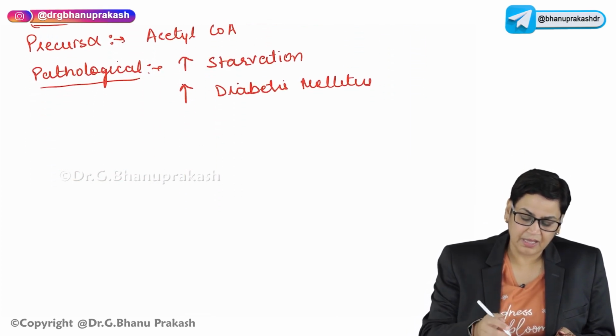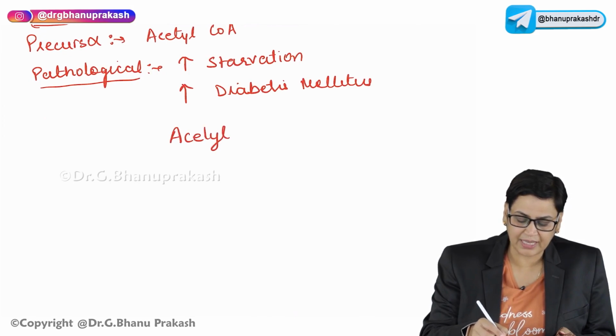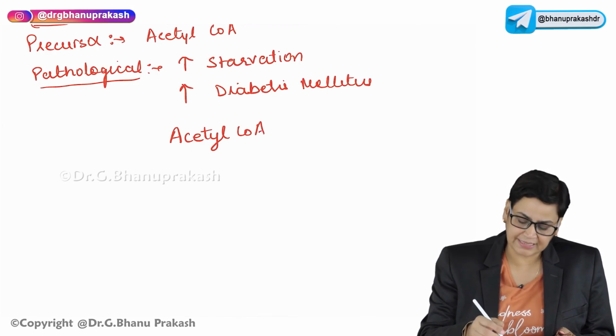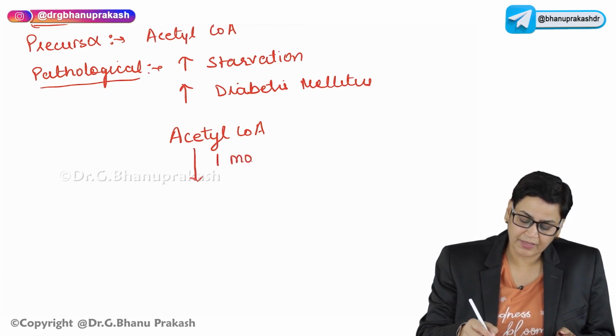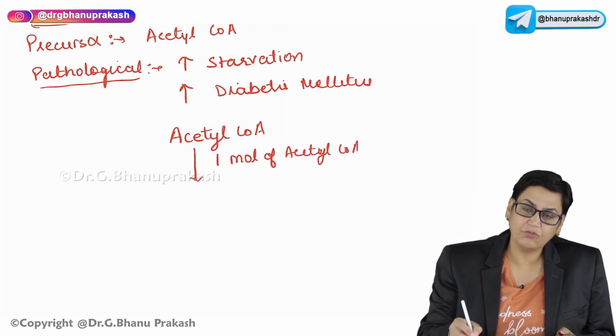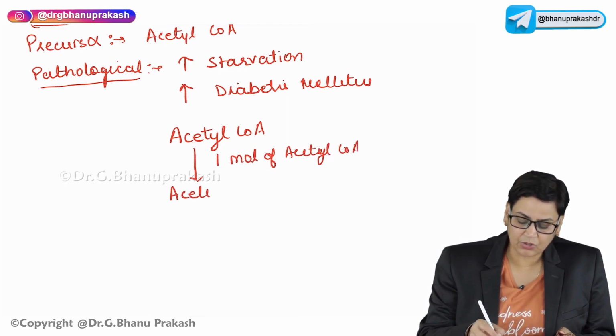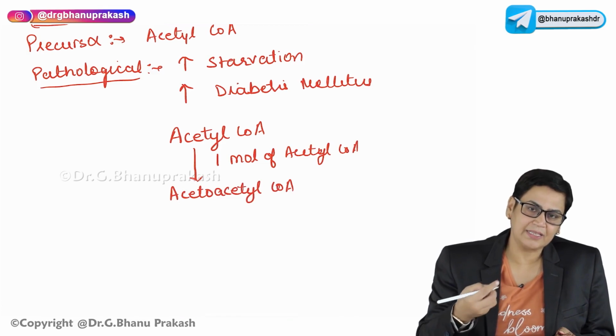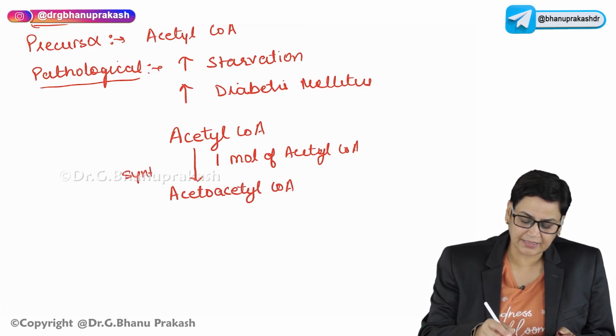Now, how does the synthesis take place? See, precursor is this acetyl coenzyme A. This acetyl coenzyme A combines with one more molecule of acetyl-CoA, forming acetoacetyl-CoA. And simply it is the synthesis, so we will say acetoacetyl-CoA synthase.